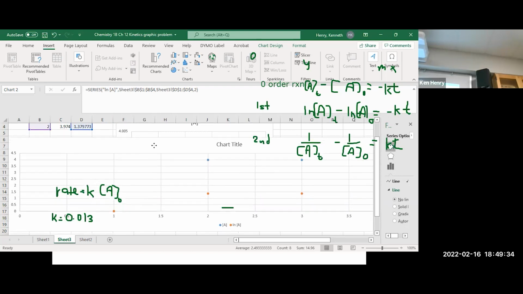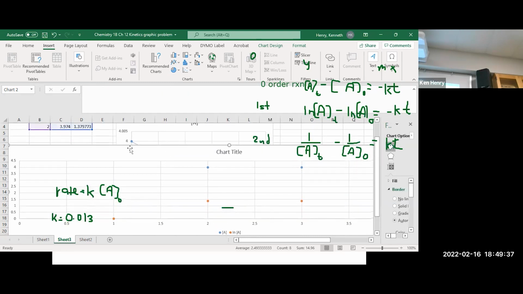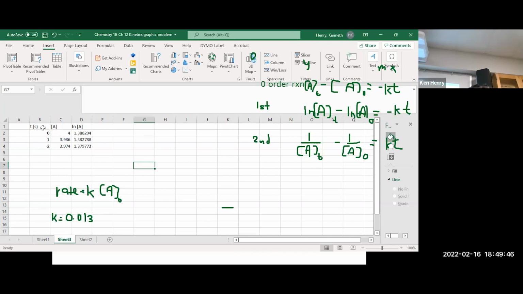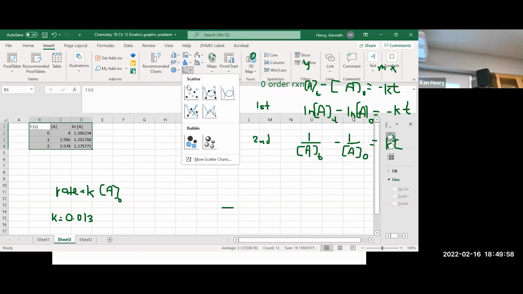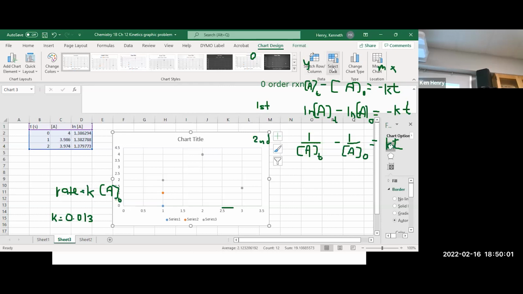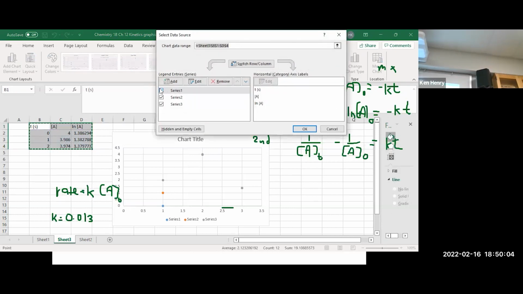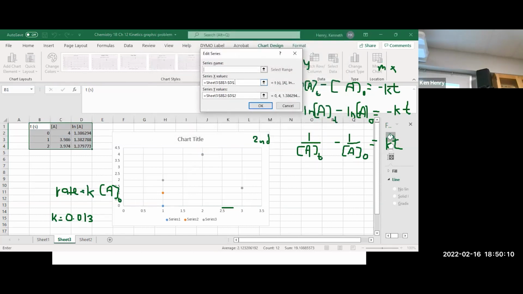This has been one hell of a day. Things that usually work perfectly. Three data points. Let's see. Insert. T.